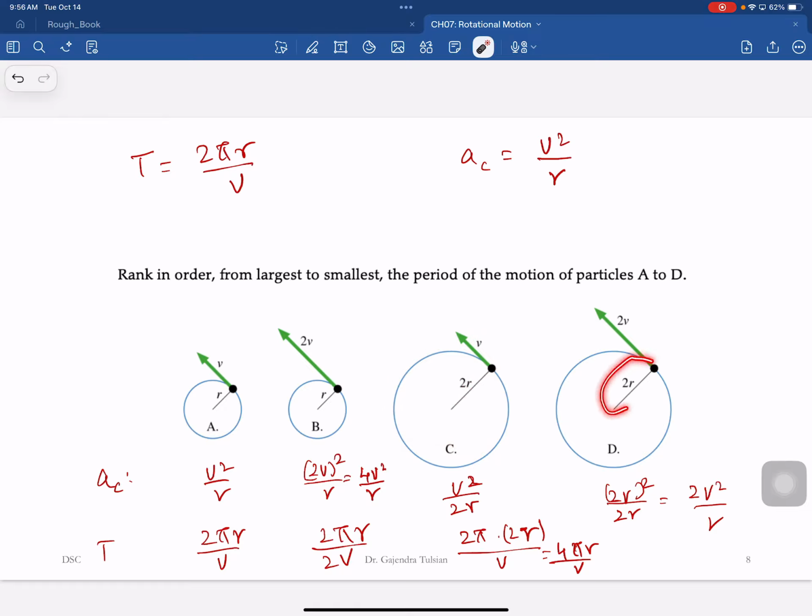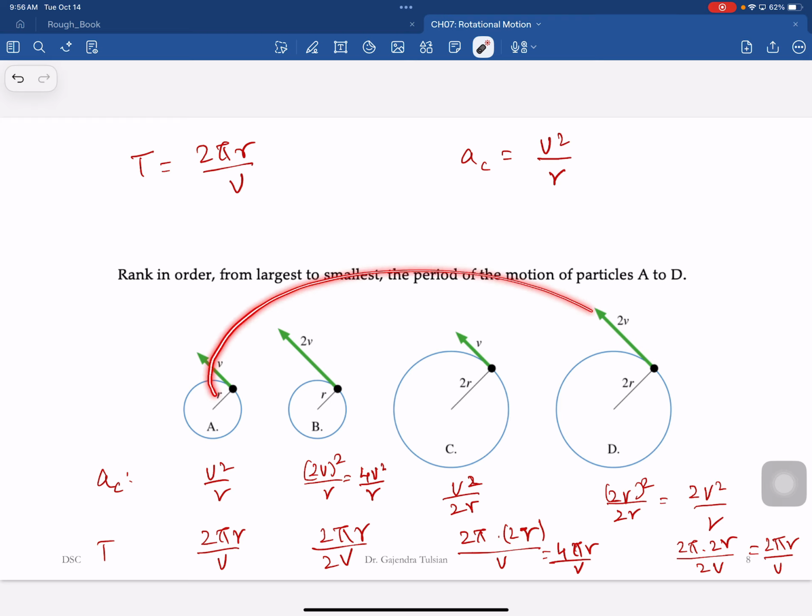How about this one? The period is 2 pi times 2r divided by 2v, which is equal to 2 pi r divided by v. The circle has become twice as big, but you're going twice as fast, so it takes the same amount of time as the first one.